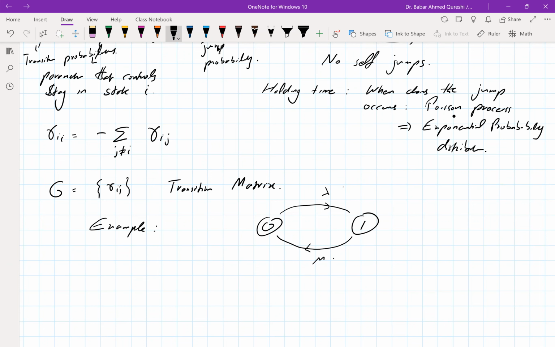Lambda is the weight, and similarly mu is the weight. So in this case, G is simply lambda and mu, and then you write minus lambda and minus mu to complete the transition matrix.